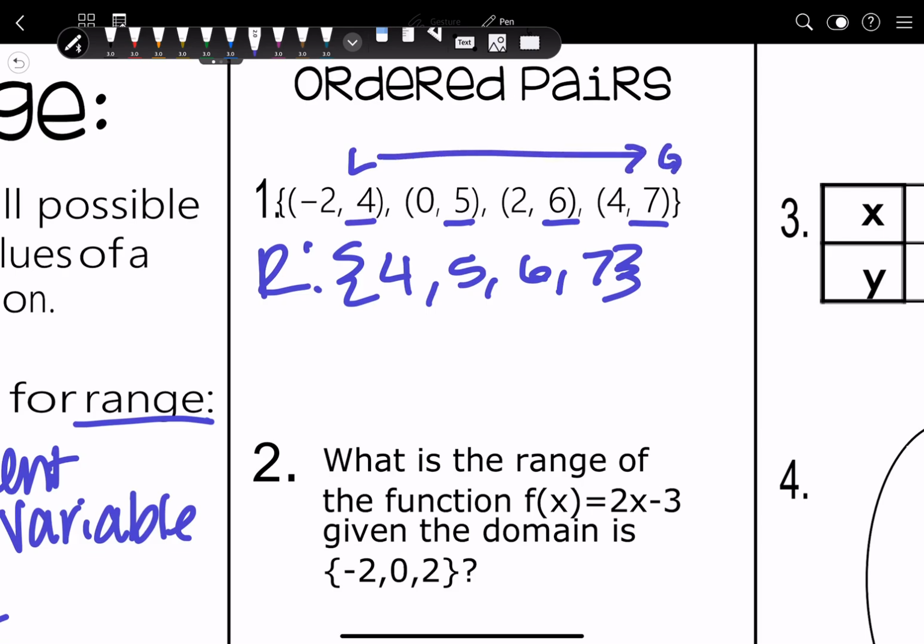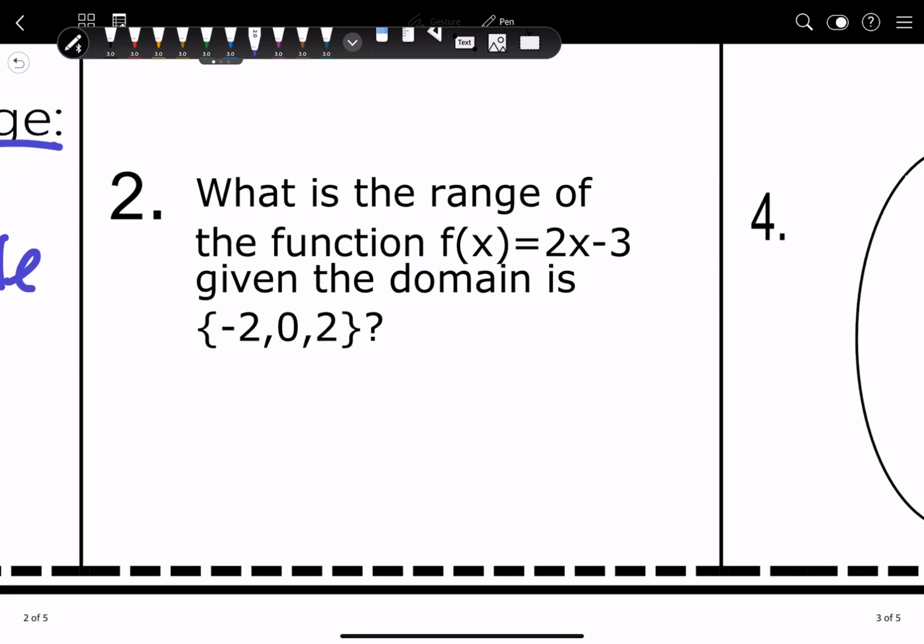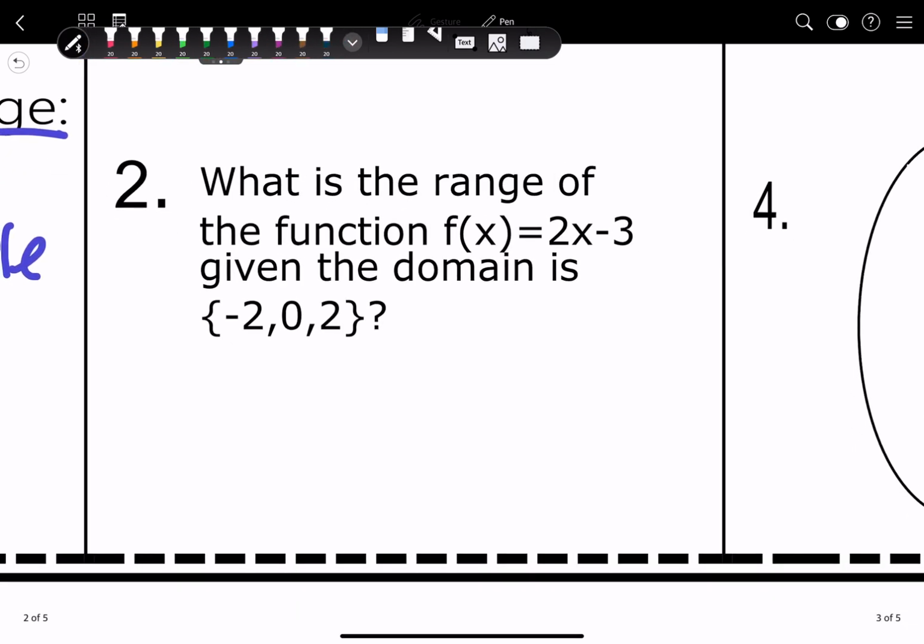Oh yeah. Now, this next one, you're probably like, oh my gosh, I have to do so much algebra. But you don't this time, guys. Are you ready? When it's asking for the range, and they've given you the domain and the function, all you are going to be doing is evaluating, which you guys know how to do.